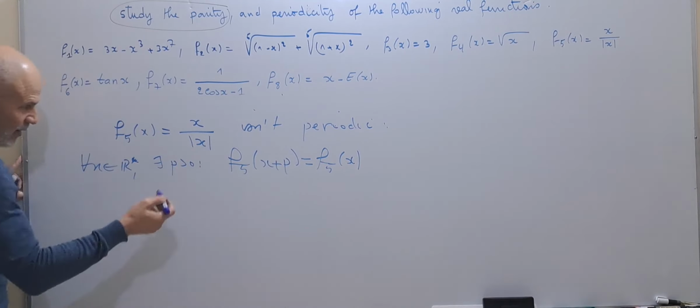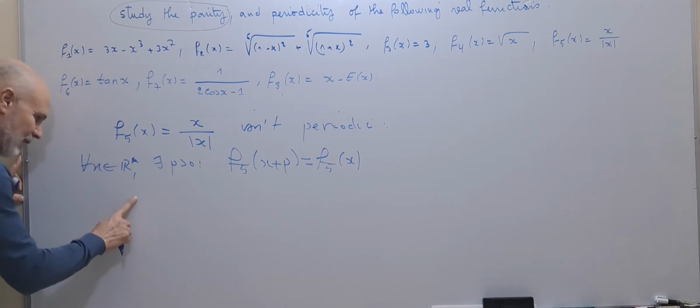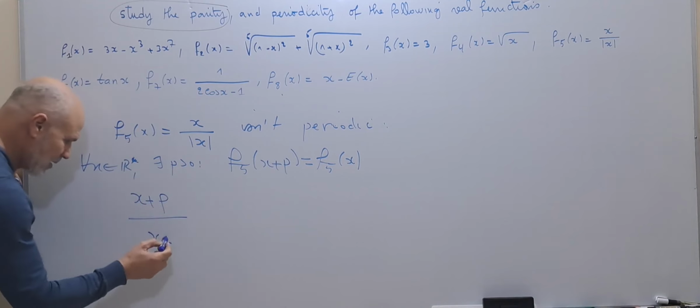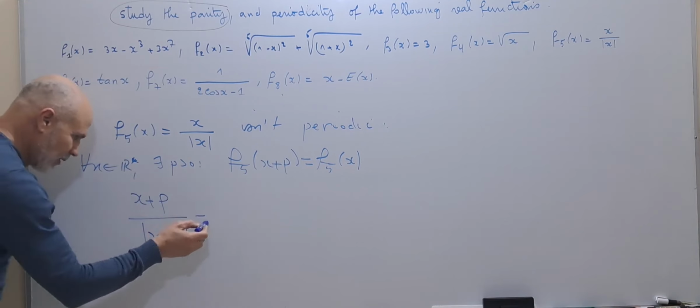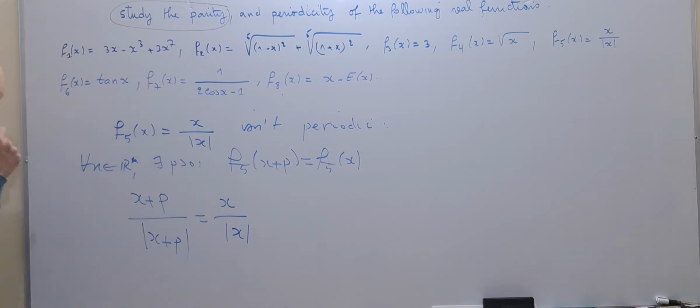I can detail this as follows. We suppose that this is true. This means that we have the absolute value of x plus p, x plus p divided by it, equal to x divided by absolute value of x.